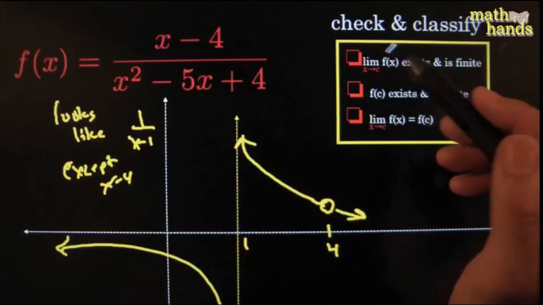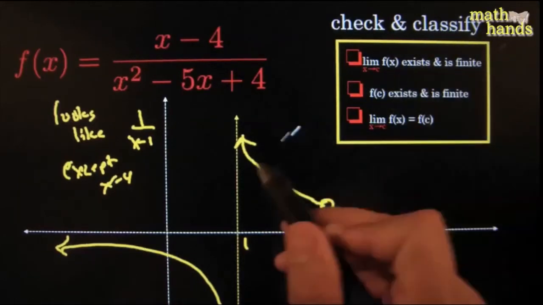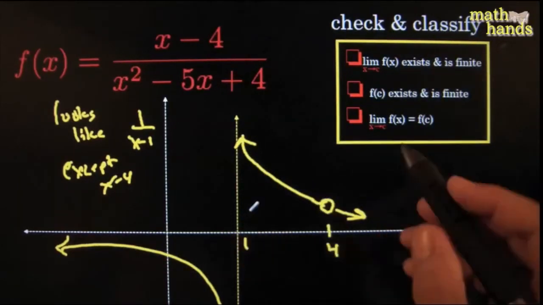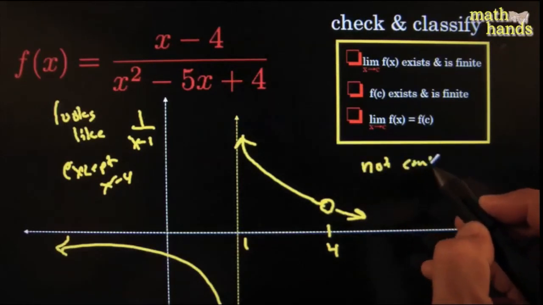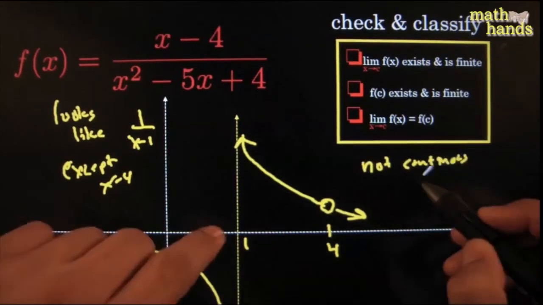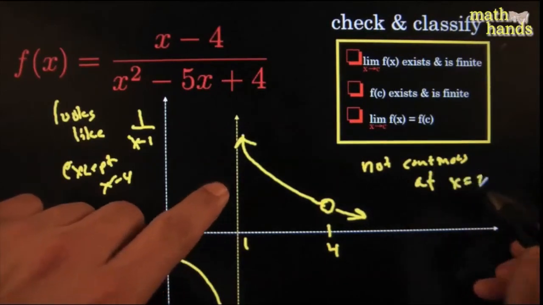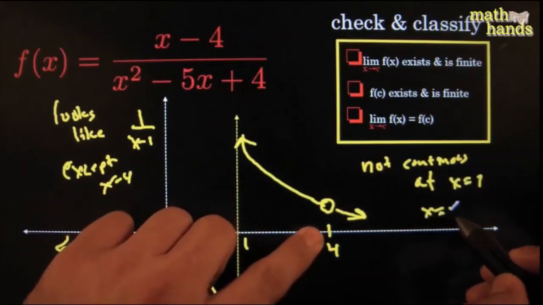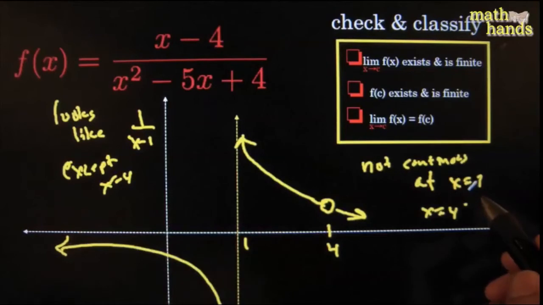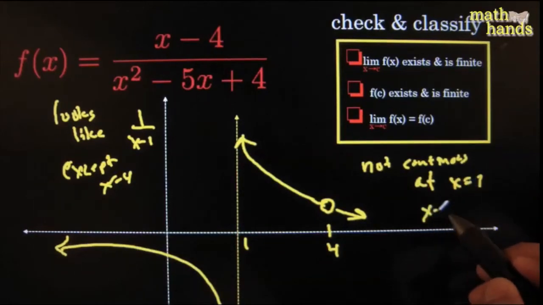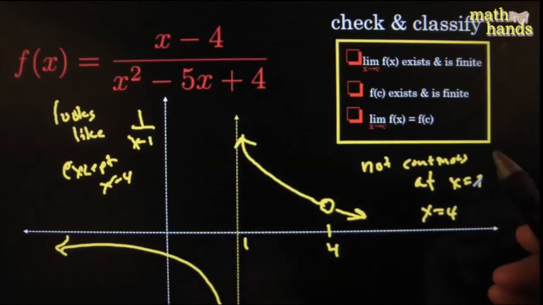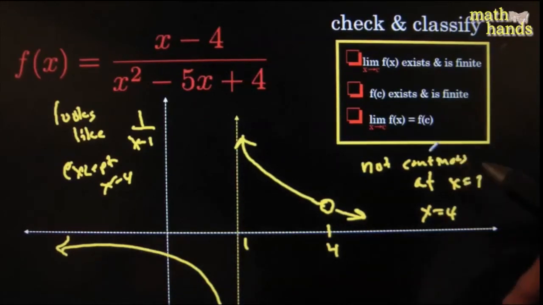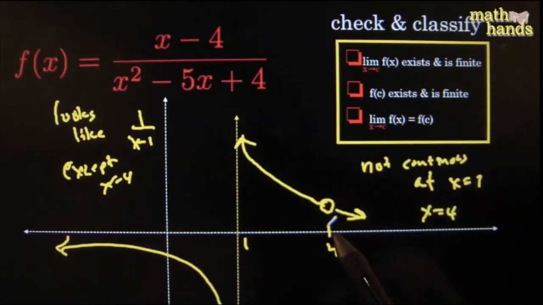How about this one over here? What I want to talk a little bit more about. This one can be simplified as x minus 4 all over x minus 4 times x minus 1. But this is the part that troubles a lot of people, or this is the part that I should caution you about. The minute you cancel these things, you're in fact changing the function.